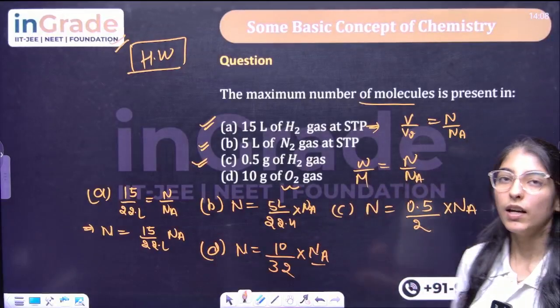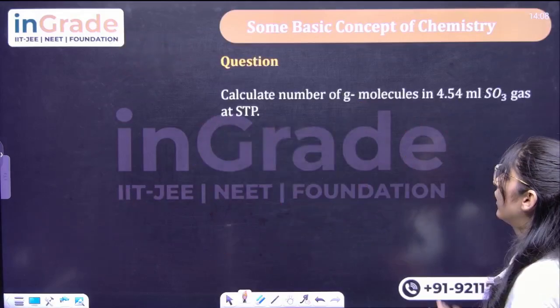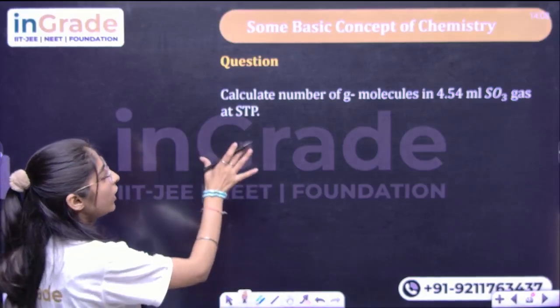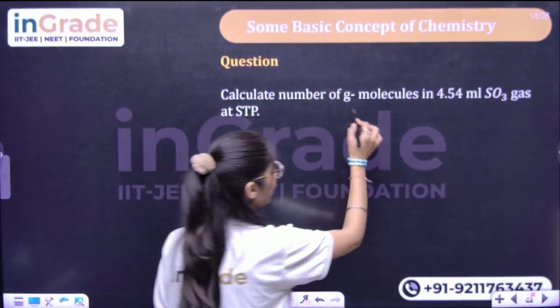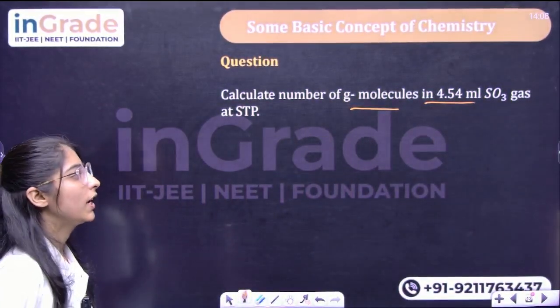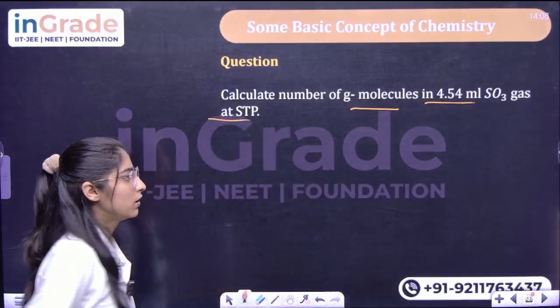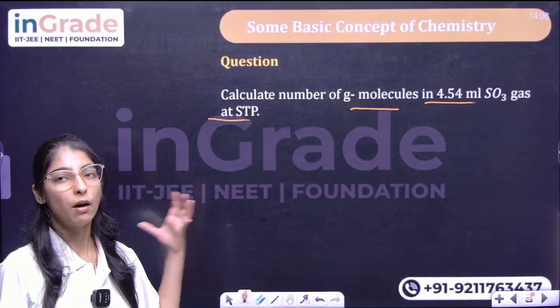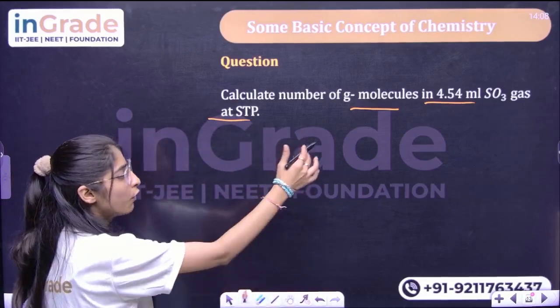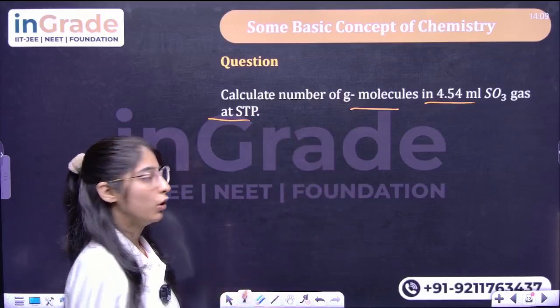Now let's move further and see the next slide, in which the next question says: calculate the number of gram molecules in 4.54 ml SO3 gas at STP conditions. Simply you have to find the number of molecules present in 4.54 ml volume.